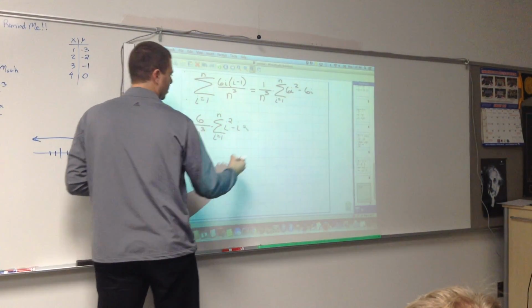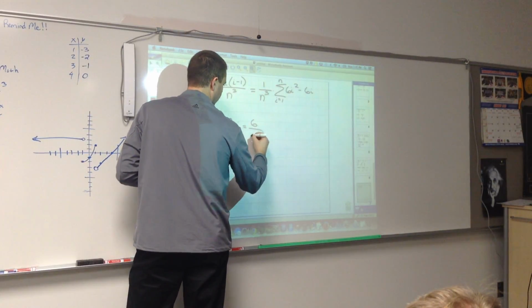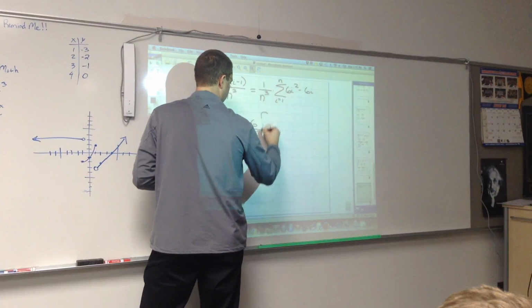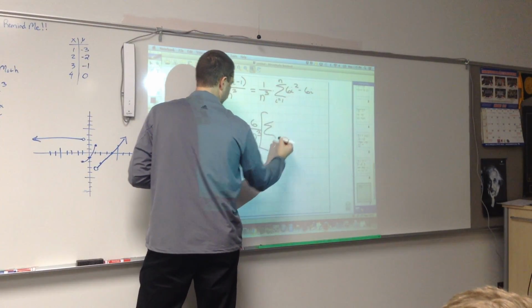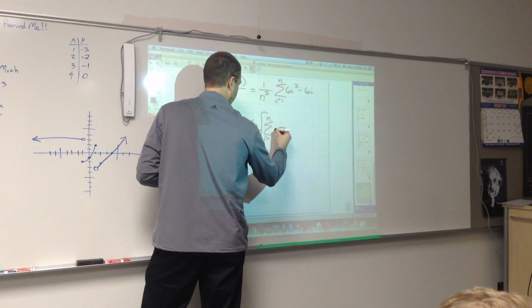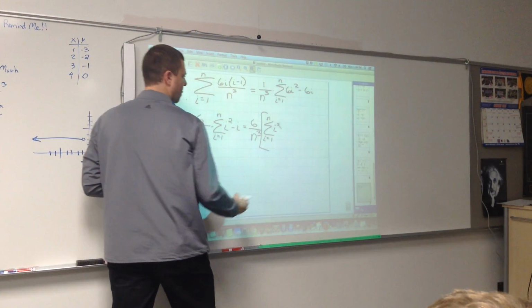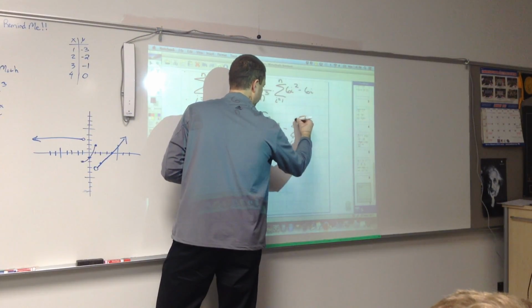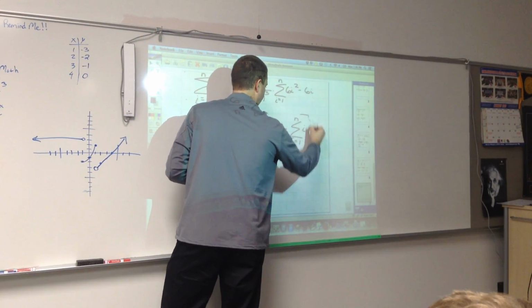Which then you'll end up separating: 6 over n cubed times the sum as i goes from 1 to n of i squared minus the sum as i goes from 1 to n of i.